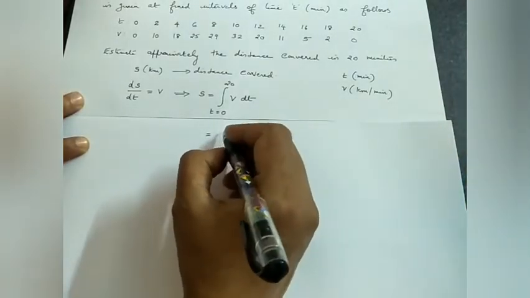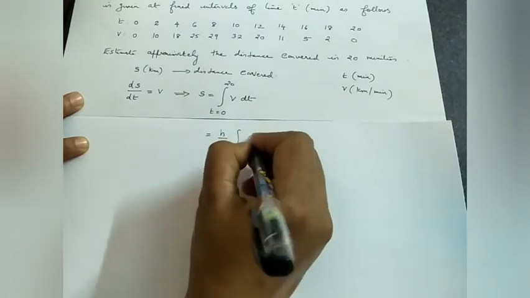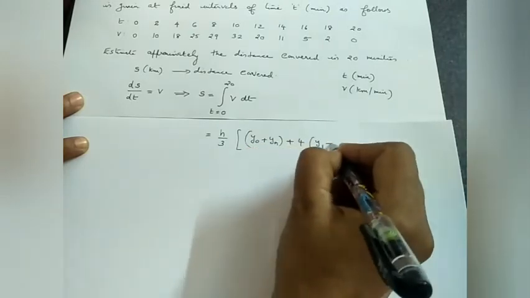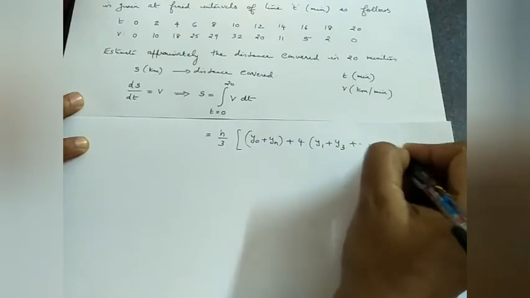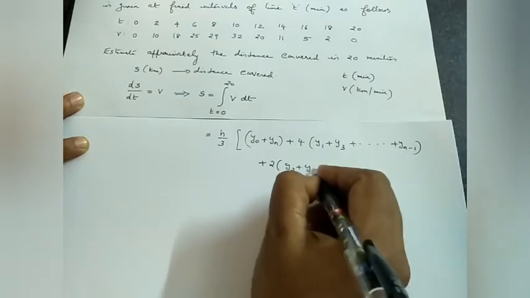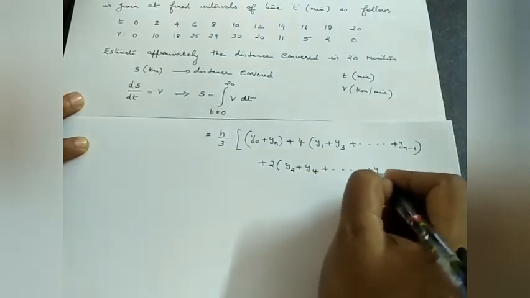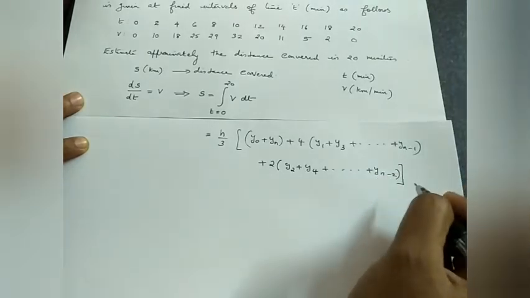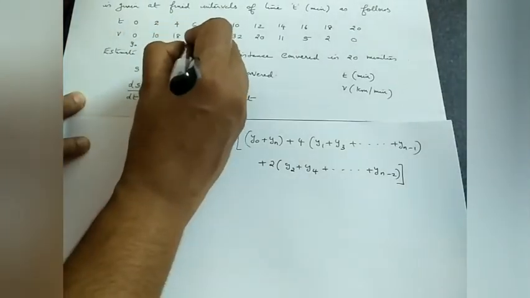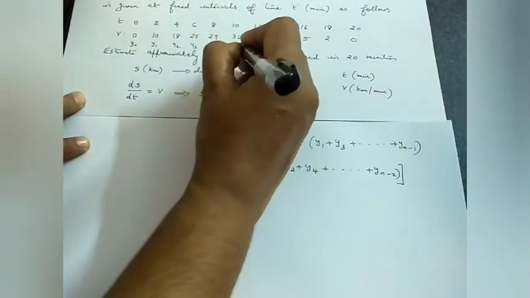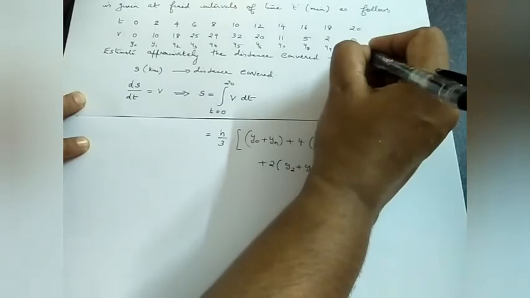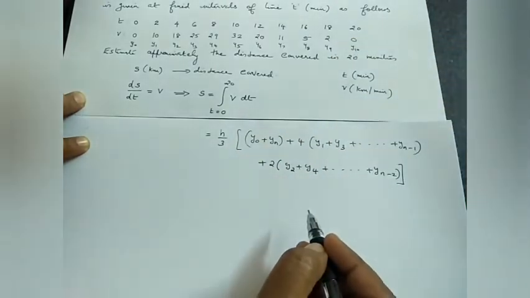The formula is h by 3 into y0 plus yn plus 4 into y1 plus y3 plus etc. plus yn minus 1, plus 2 into y2 plus y4 plus etc. plus yn minus 2. First of all, I am denoting the values of y as y0, y1, y2, y3, y4, y5, y6, y7, y8, y9, y10. Therefore, the values extend from y0 to y10.